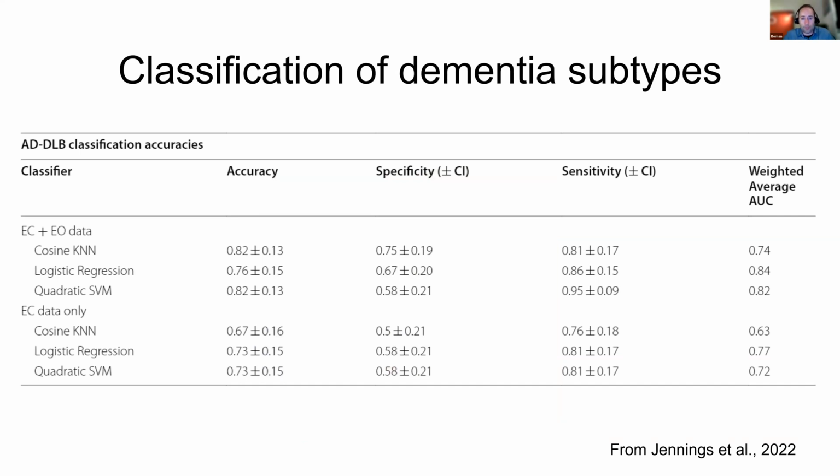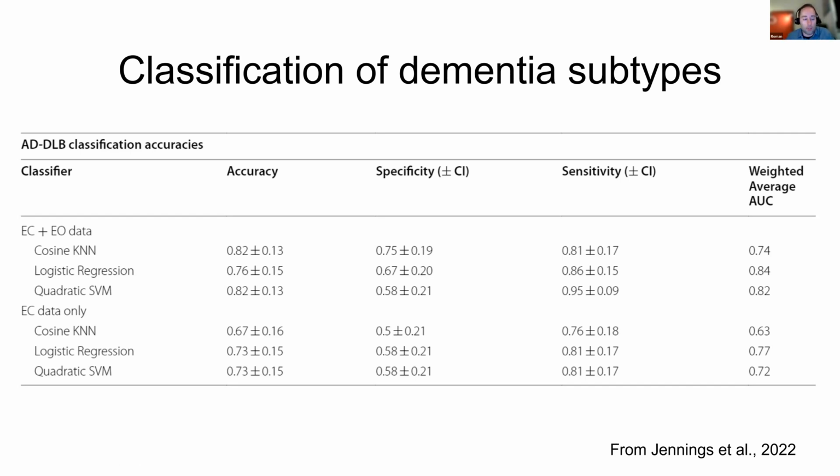And I cannot go into much detail here, so I just want to briefly summarize what we found. And we found that actually by looking, for example, at the specific case of Alzheimer's disease dementia and dementia with Lewy bodies, so the task here was to differentiate between those two different types of dementia.